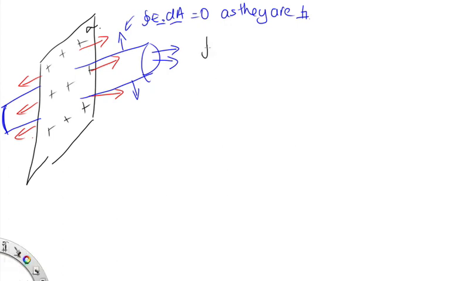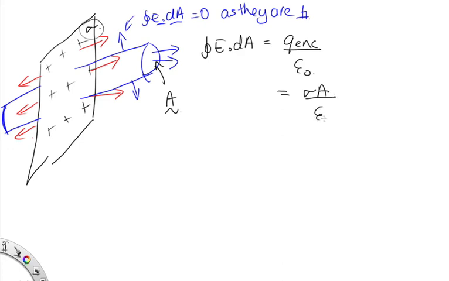So let's do this. We've got the integral of E dot dA is equal to the enclosed charge over epsilon naught. Now let's let this end of this prism have area A. So the enclosed charge within this prism is given by the surface charge density times the area. So this is sigma A over epsilon naught. And now the electric field is constant across this surface.